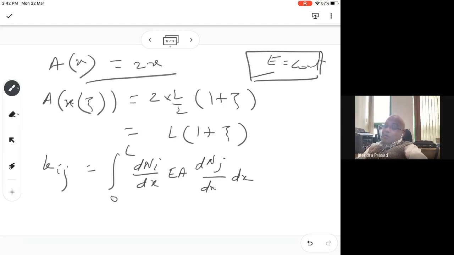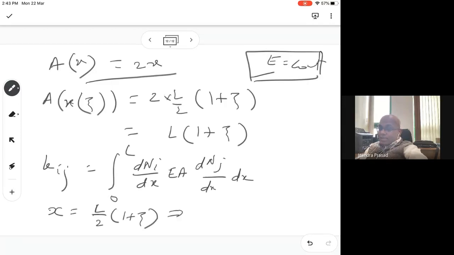Okay. Now we have to write in terms of xi, right? So we have to remember that we have to write in terms of xi. And how will we do? We know the transformation is like this: x equal to L over 2, 1 plus xi.